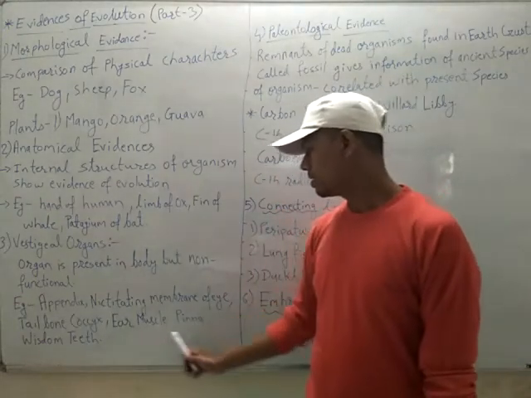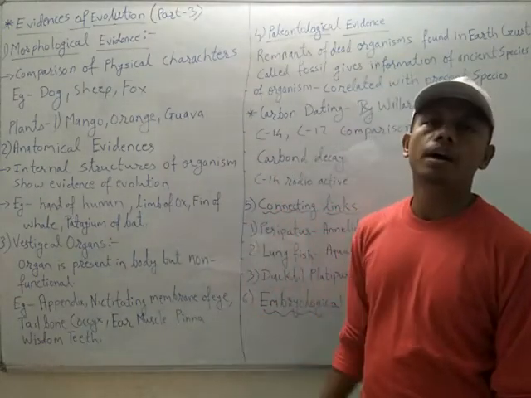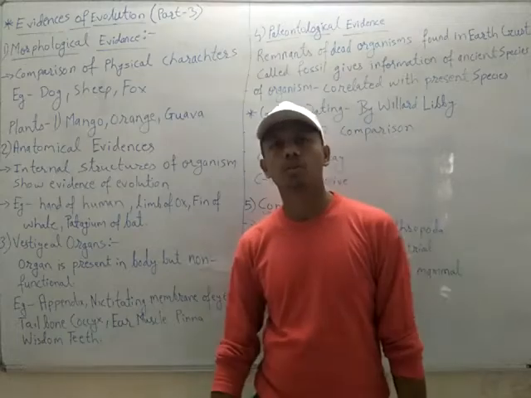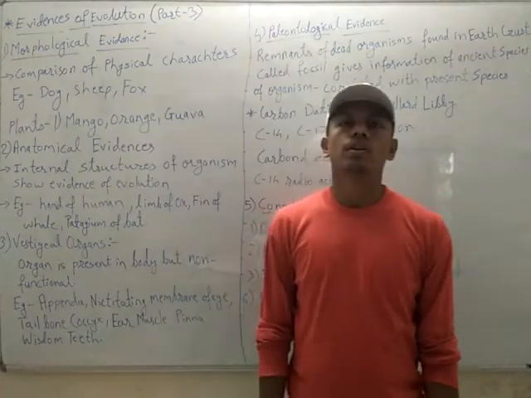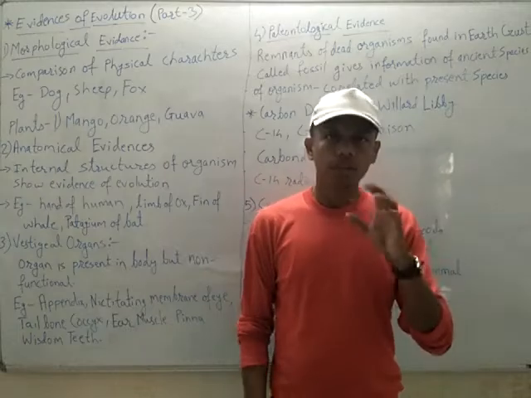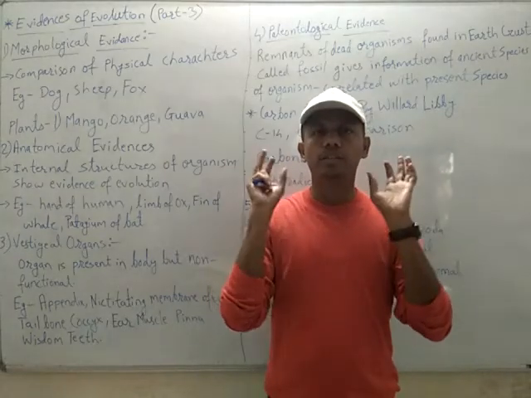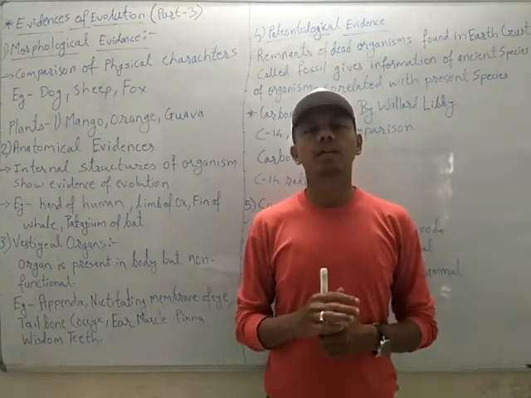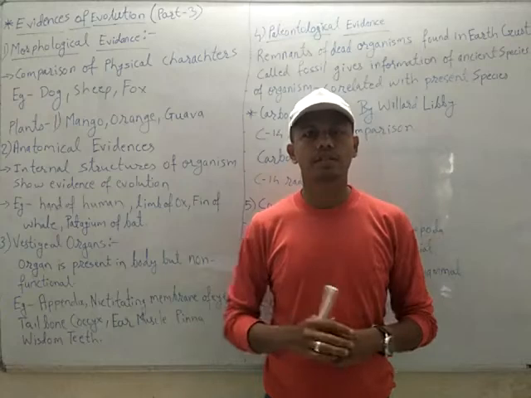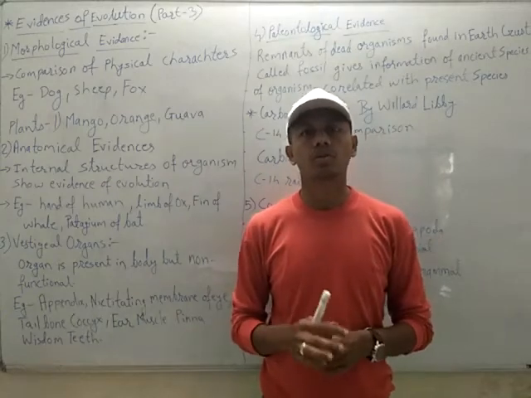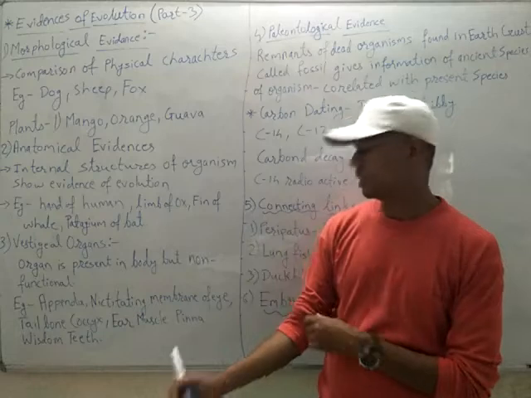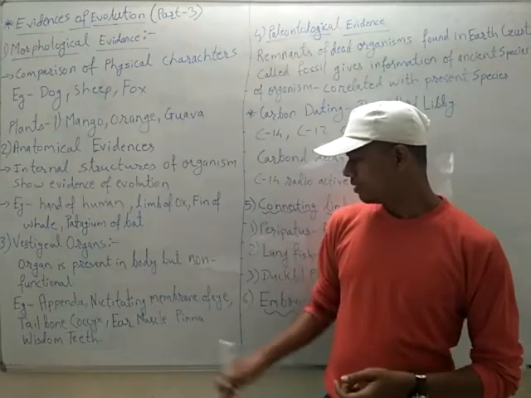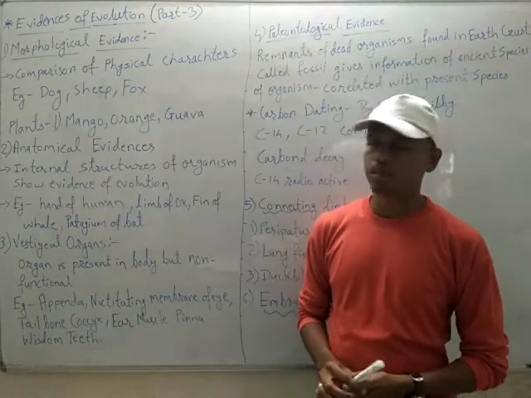Next is the ear muscle called pinna. This is also present in the human being. This muscle is used for movement of the ears, which is usually done by animals. You have seen in the dog, fox, and many other animals. They move their ears easily with the help of the pinna, the ear muscle.